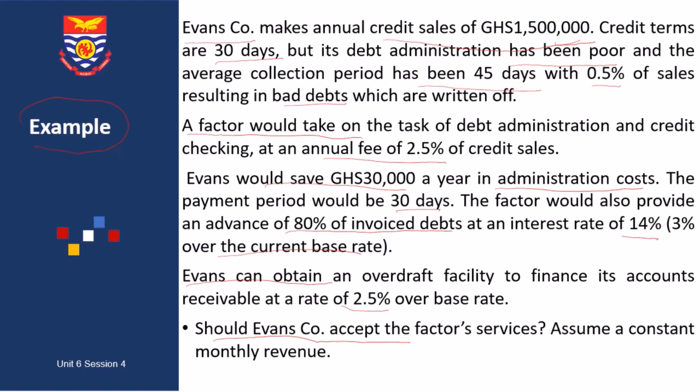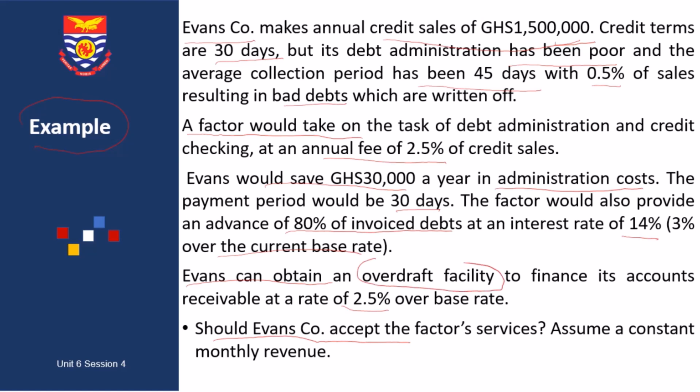I hope you understand. So the annual credit sales was 1,500,000, the credit terms was 30 days, but the collection period has been 45 days, and it's also a 0.5% bad debt. If you read the last statement here, let me highlight it for you again. It said that Evans can obtain an overdraft facility to finance its account receivables.